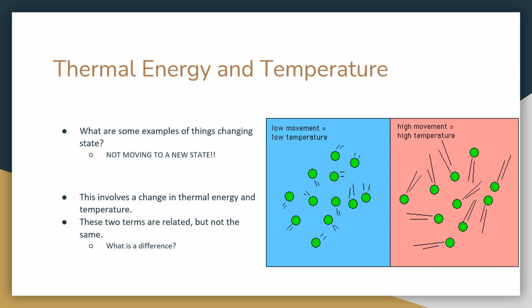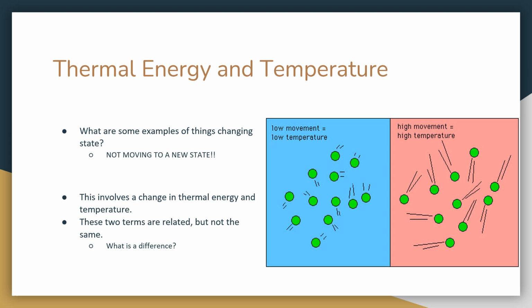Thermal energy and temperature. What are some examples of things changing state? So changing state is not moving to a new state and is instead, obviously, changing from a solid to a liquid to a gas. So this involves a change in thermal energy and temperature. These two terms are related, but not the same.